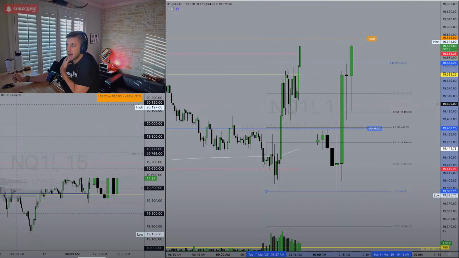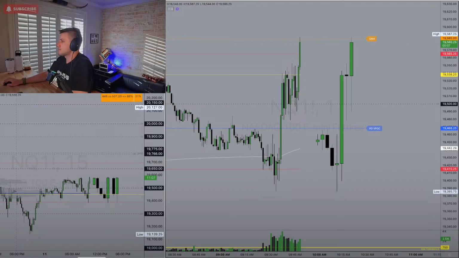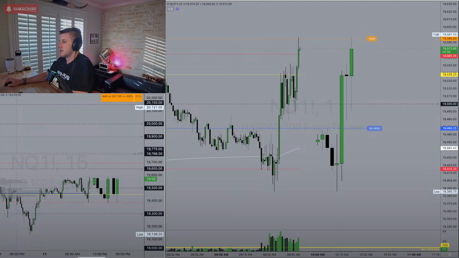Here's that overnight high, 585. Little break of the overnight high there, a little tick above the overnight high. It's getting more interesting now. Oh, nice, Noah. Nicely done.